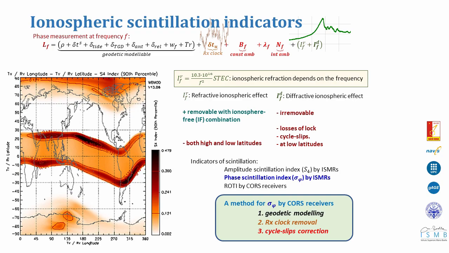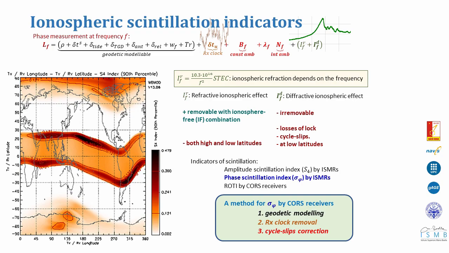The refraction is proportional to the inverse squared frequency, so we can remove it with a receiver working at two frequencies by using the ionosphere-free combination of two measurements at those two frequencies. But unfortunately, the diffraction cannot be removed by this.